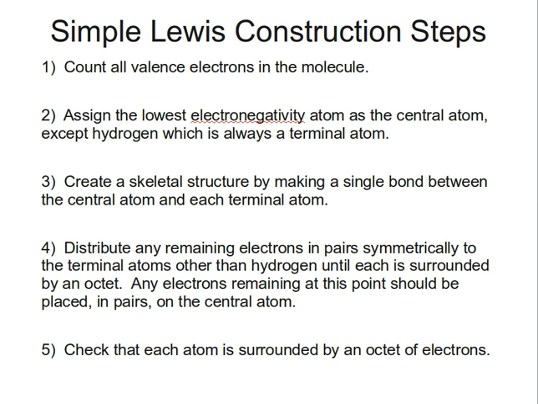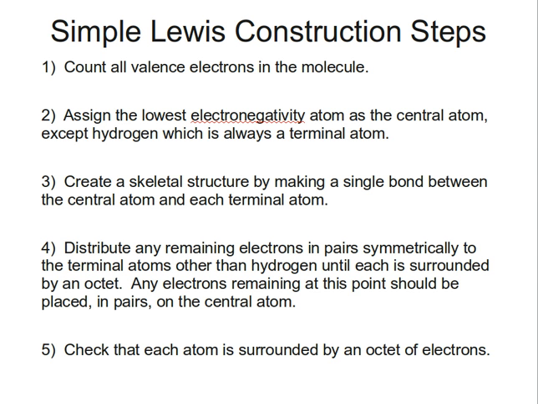The steps required to create a simple Lewis structure that is octet conforming are: 1. Count all valence electrons in the molecule. 2. Assign the lowest electronegativity atom as the central atom, except hydrogen, which is always a terminal atom. 3. Create a skeletal structure by making a single bond between the central atom and the terminal atom. 4.